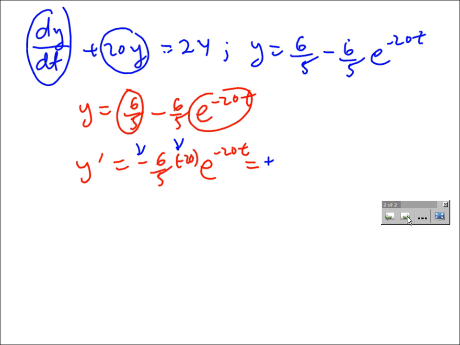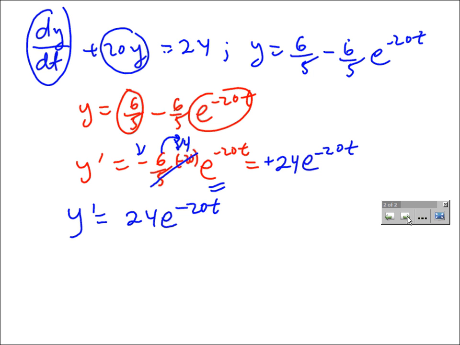Okay, so I know my answer is positive. Ignore all our signs now. 5 into 20 goes 4 times. 6 times 4 is 24. Do not forget that piece. So that's what y prime is. y prime is 24e to the negative 20t.